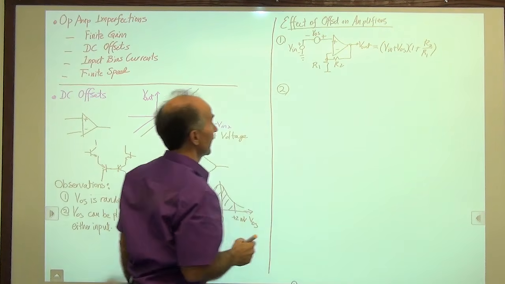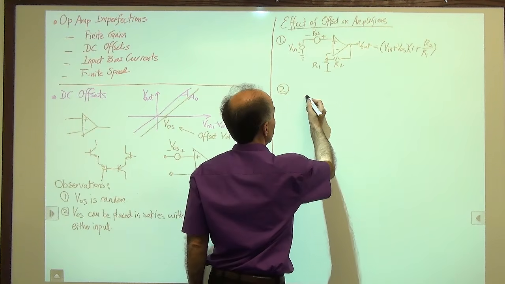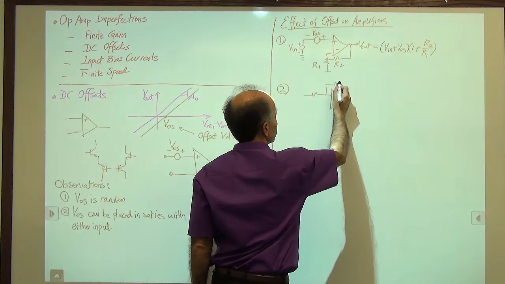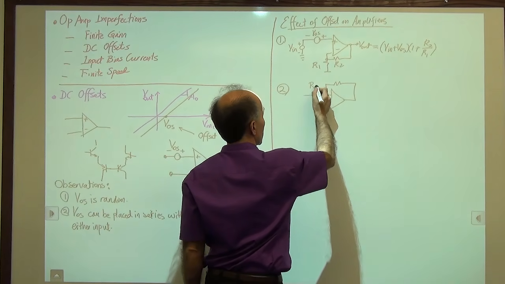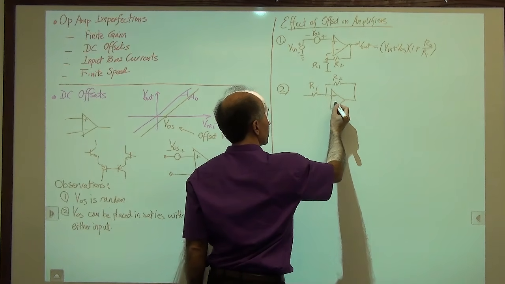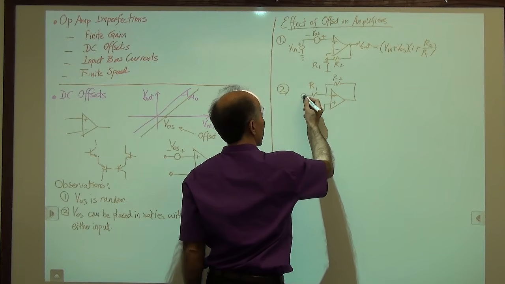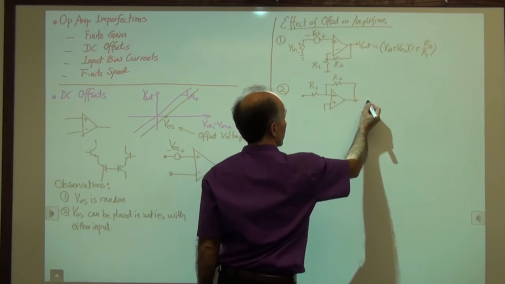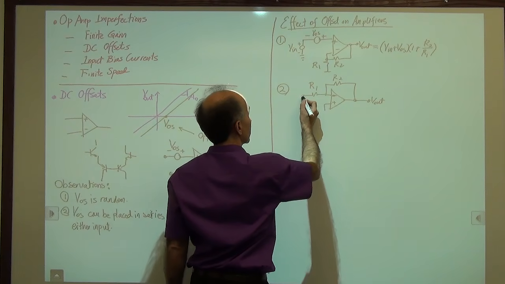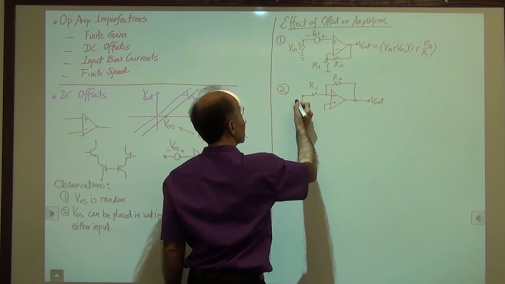Now let's go ahead and look at an inverting amplifier and see what happens here. R1, R2, minus here, plus here, and that's the topology that we have, V out. And then this is V in.